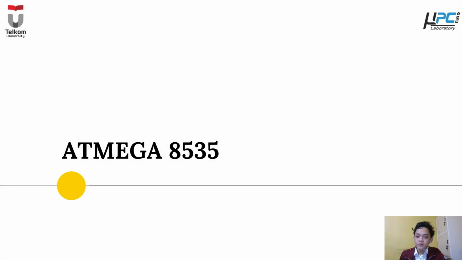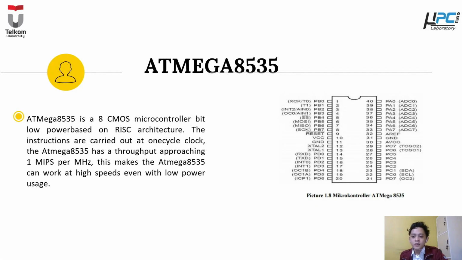And the last one, we're gonna learn about ATmega 8535. So ATmega 8535 is an 8-bit CMOS microcontroller, low power based on RISC architecture. The instructions are carried out at 1 clock cycle, and ATmega 8535 has a throughput approaching 1 MIPS or million instructions per second per megahertz.